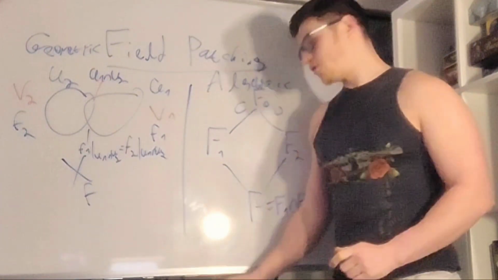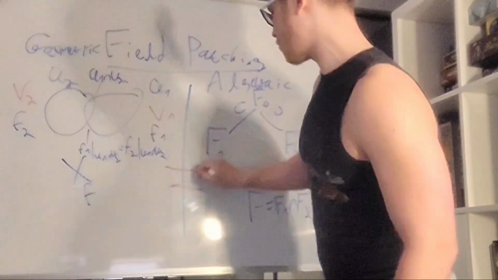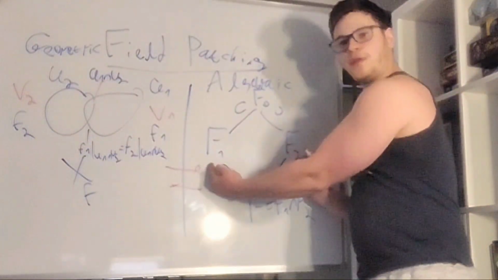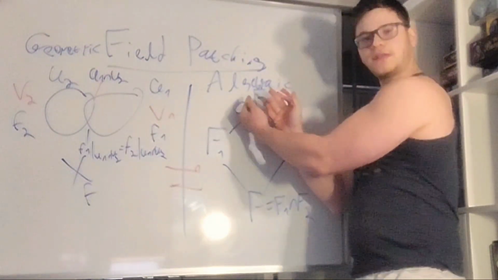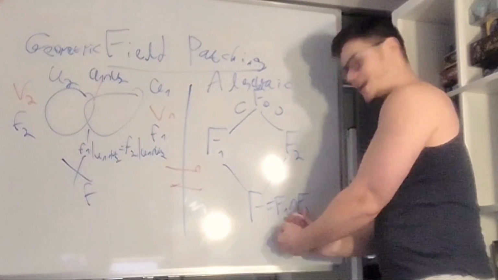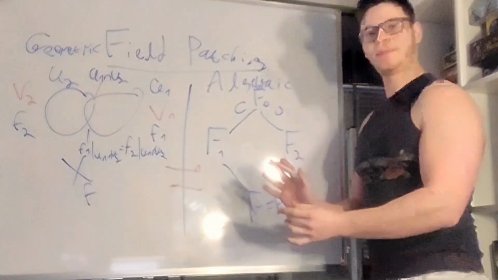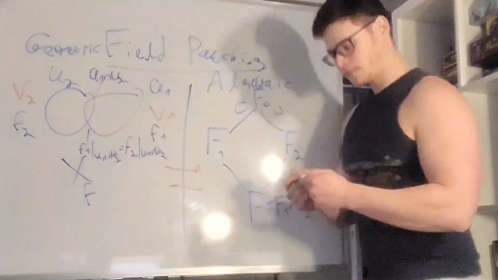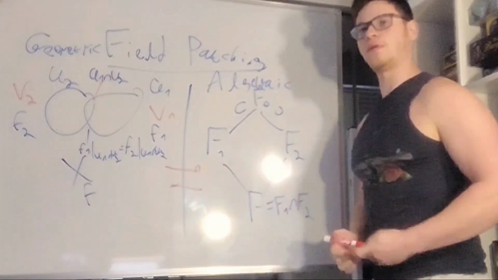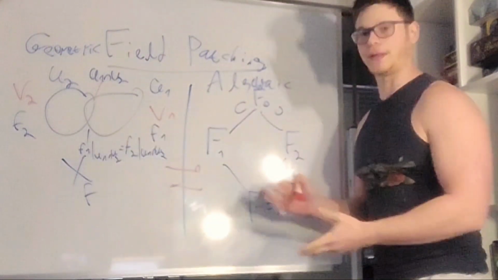In the correspondence between the geometric and algebraic pictures, these fields are going to correspond to these sets. This bigger field is going to correspond to this intersection, and the intersection here is actually going to correspond to the union here. It's a bit weird because it goes backwards, intersection becomes union, but that's the way it usually happens when you translate from algebra to geometry.